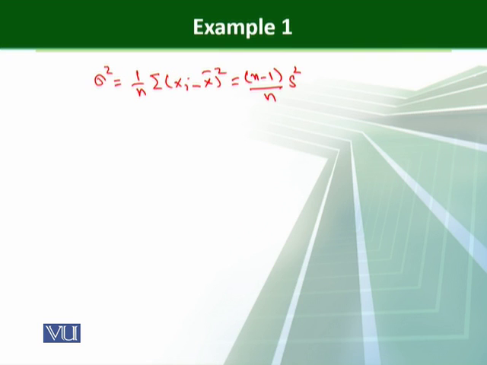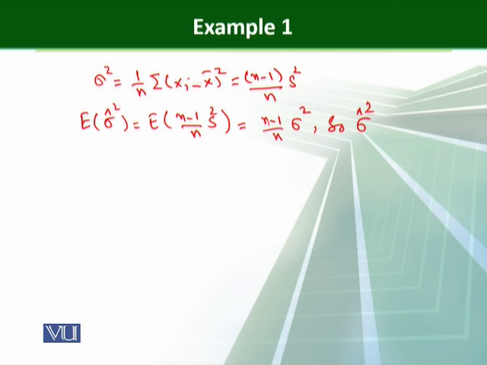It is very simple to prove that the expected value of sigma hat square, that is the expected value of n minus 1 over n S square, is equal to n minus 1 over n sigma square. So sigma hat square is a biased estimator of sigma square.